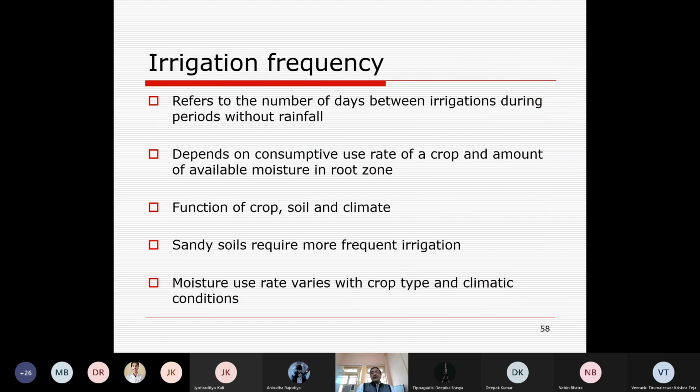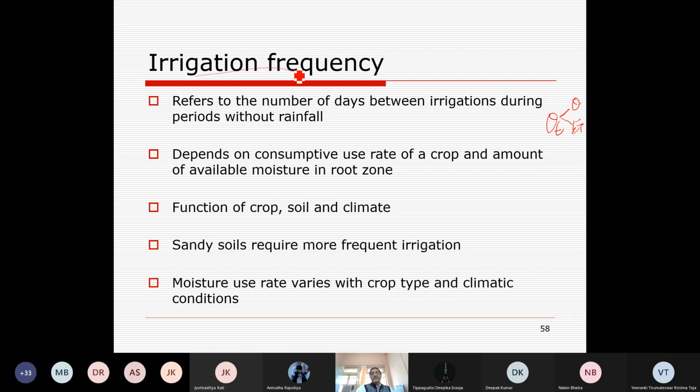So now comes irrigation frequency. After how long should we apply water in the field? It's a simple idea: when it reaches the threshold soil moisture content. That can be measured either by soil moisture measurement or by ET measurement.